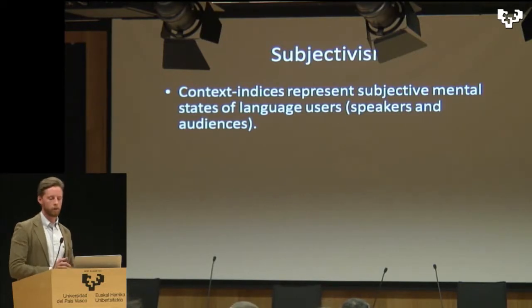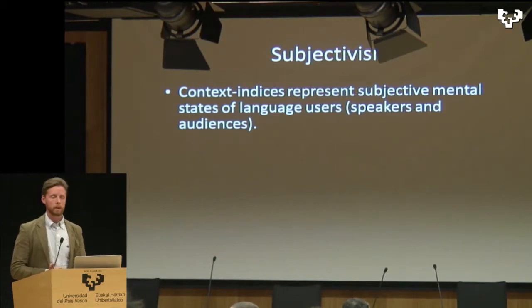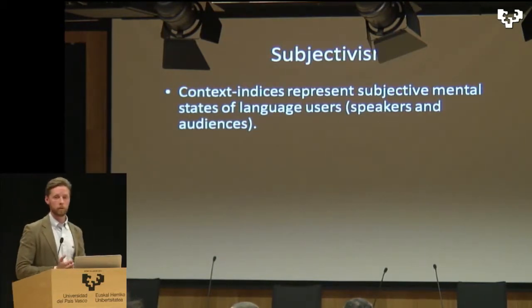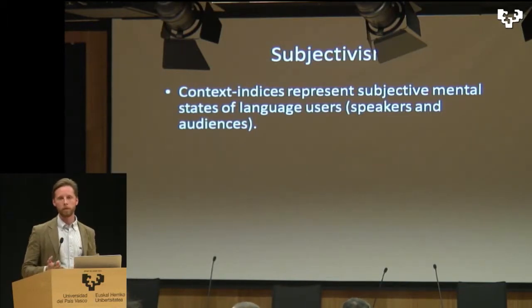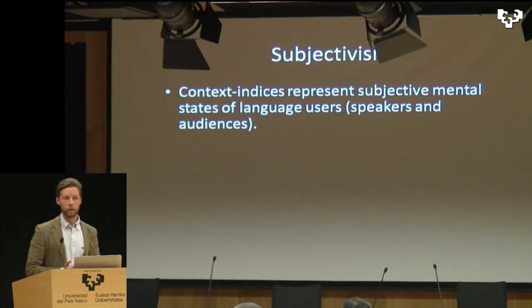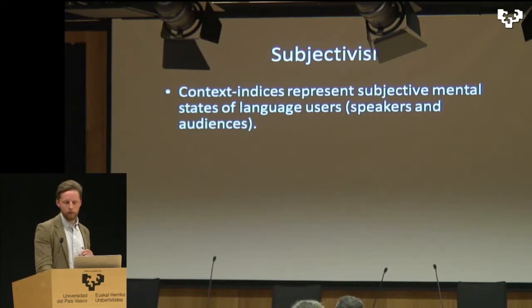And you can choose to focus on either the speaker or the audience side. One can think that, for instance, the speaker's intentions are what determines the context index, or one might think that it's rather the audience's expectations or beliefs that determine the context index. So there are a lot of possibilities, even if we restrict ourselves to subjectivisms. There are many theories on the table.